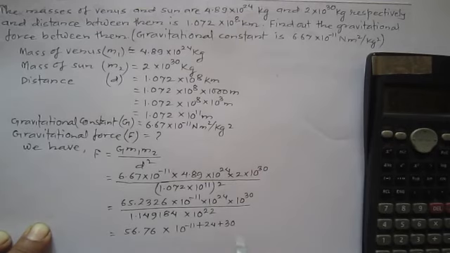And if 10 to the power 22 is taken to the numerator, we will write 10 to the power minus 22.